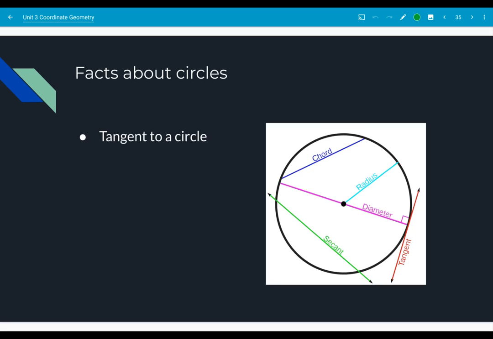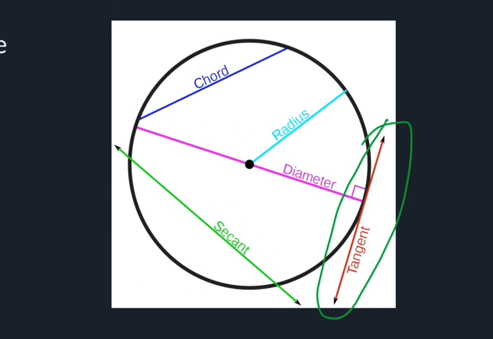So tangent to a circle. So if a tangent is over here, a tangent touches only once. So we've seen this already coming when we were looking at quadratics, and it would say a line is tangent to a curve, so it's touching only once.